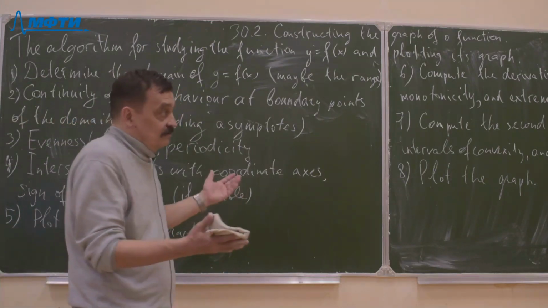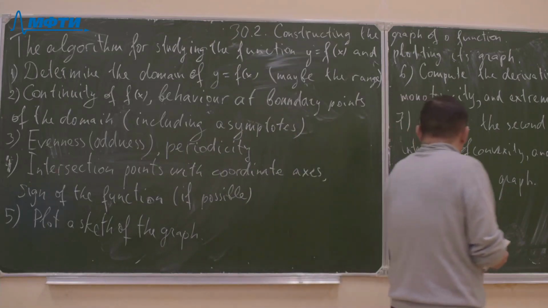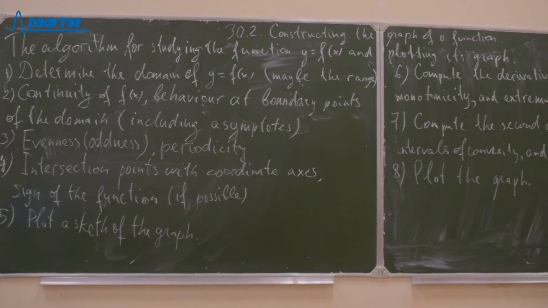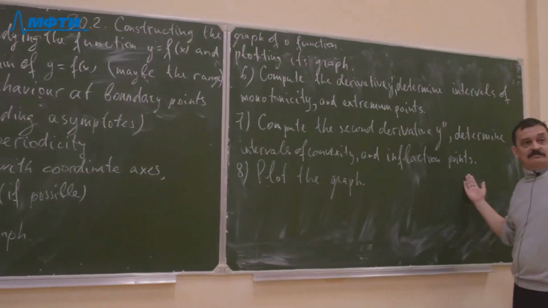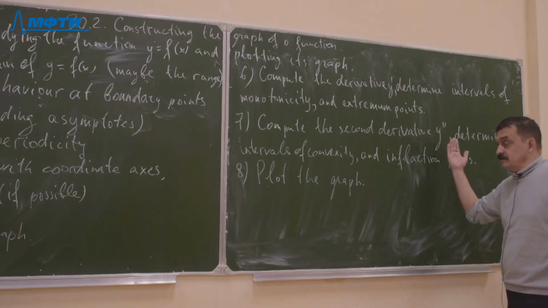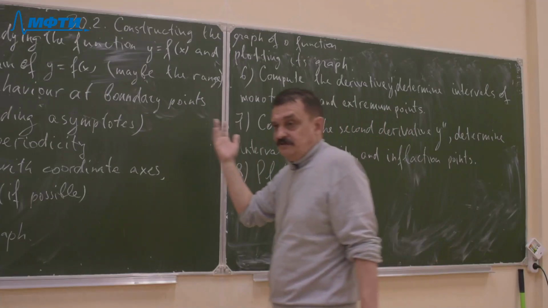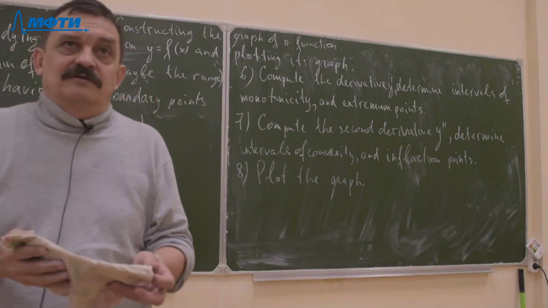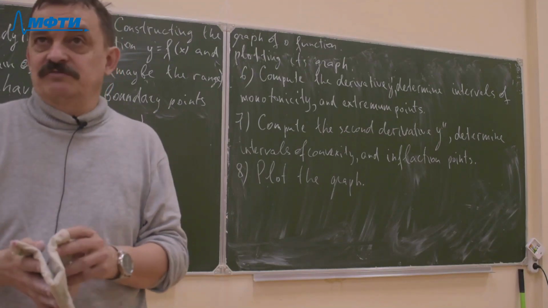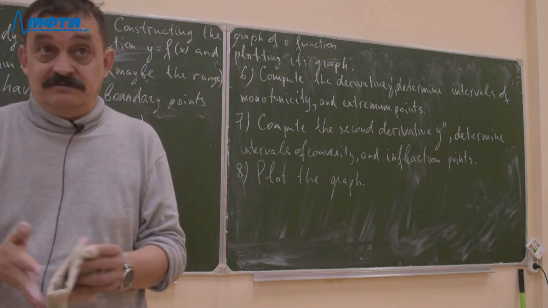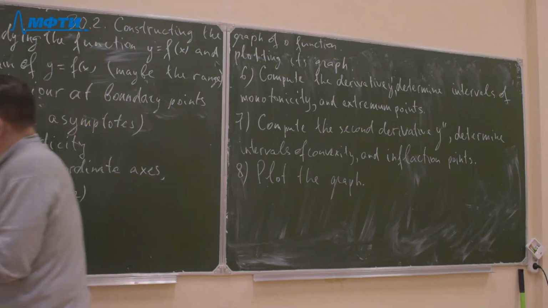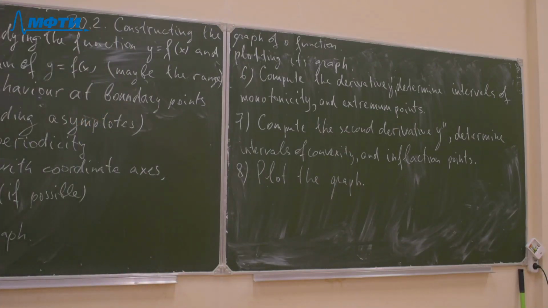In fact, there are examples when it's practically impossible to realize the seventh step, for example. The second derivative contains polynomials of higher degrees, and you have no possibility to find roots precisely. So it may happen.